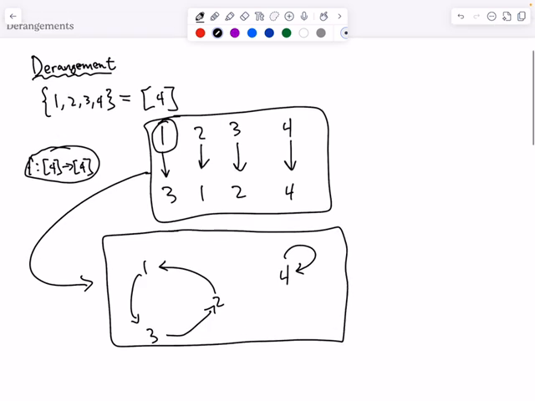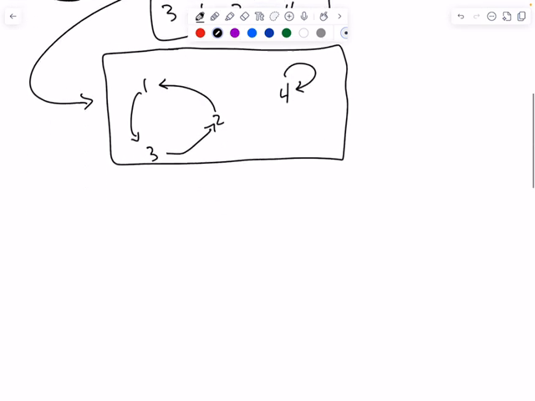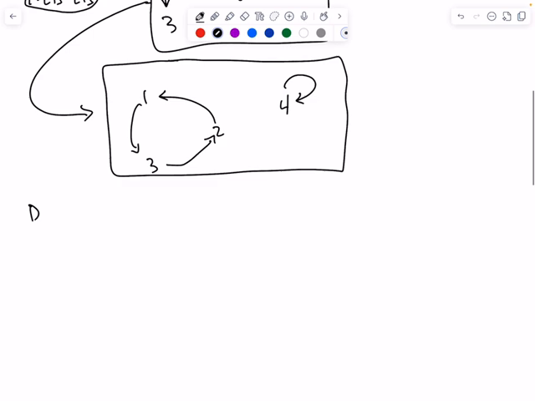So this is another very helpful way we can think of permutations, as simply a collection of cycles. And a derangement is simply a permutation with no fixed points.